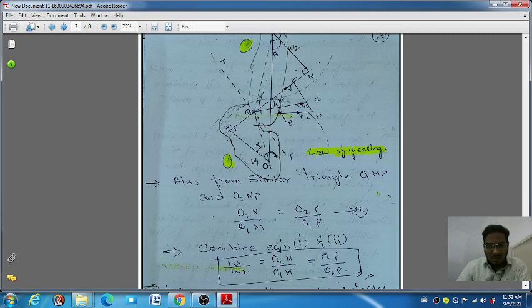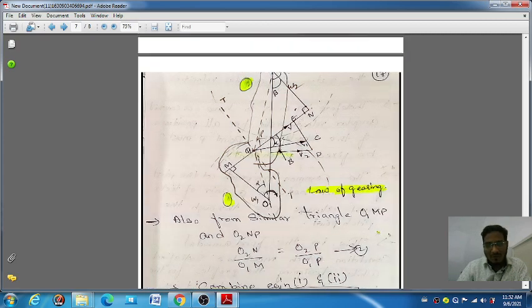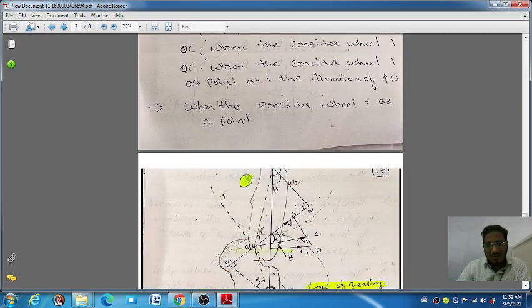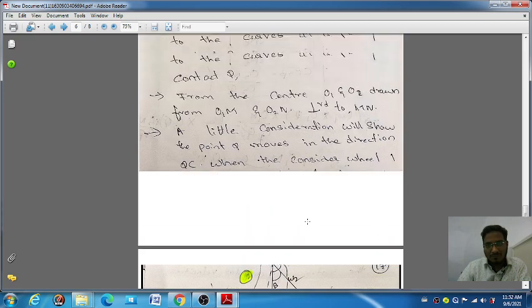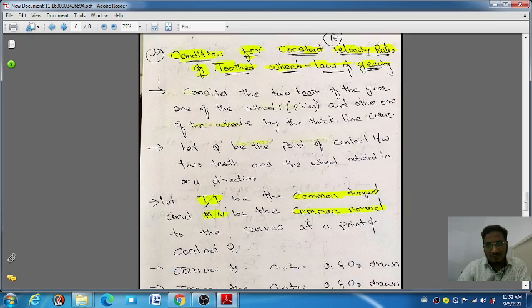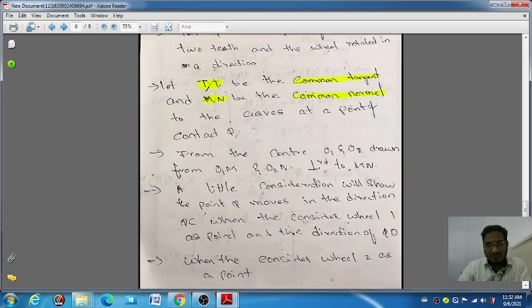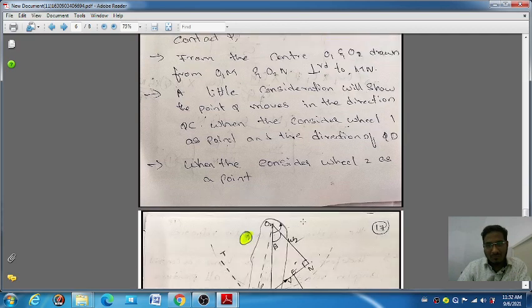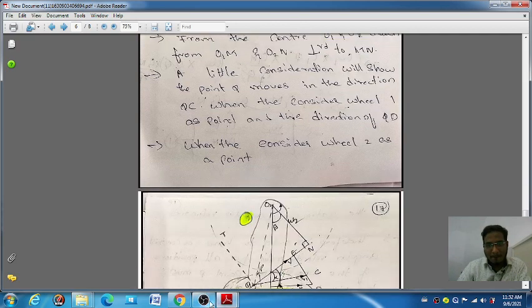So O2N by O1M is equal to O2P by O1P. We can write. The first formula is this.